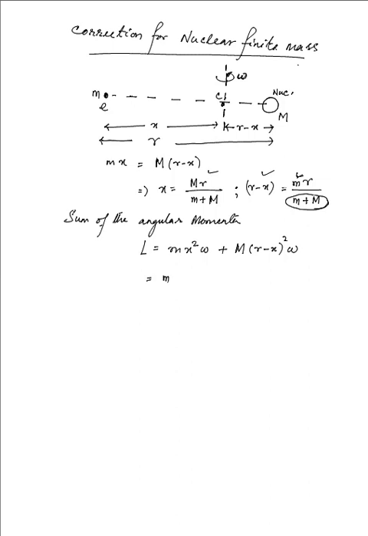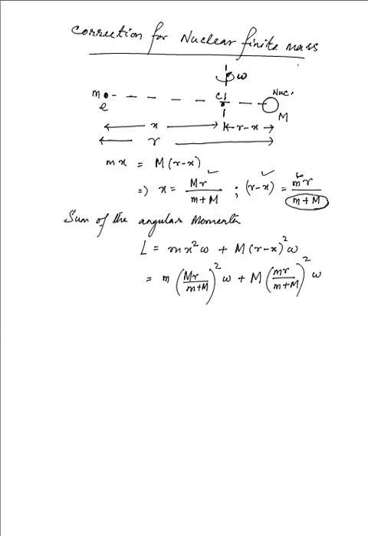Now if we add these up together using these values that we have obtained, x squared is simply mr divided by M plus m, squared, multiplied with omega, and then we have capital M times r minus r, that is, mr divided by M plus m, again squared, multiplied with omega.